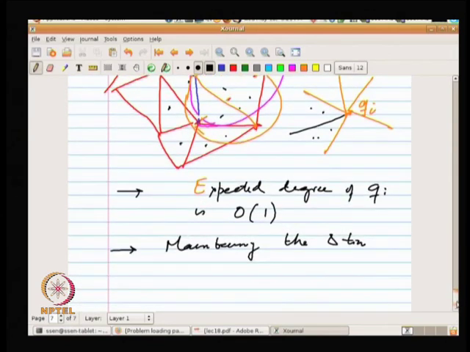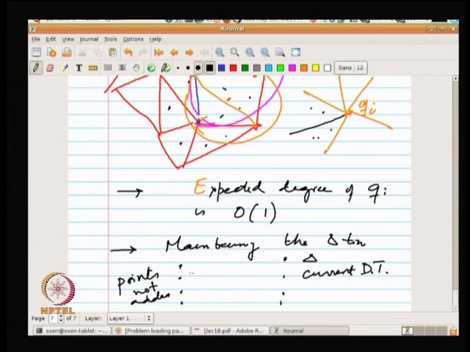So, I am always going to keep track of which point lies in which triangle. I will maintain a kind of bipartite graph where these are the points not added yet, and these are the current triangles of the current Delaunay triangulation.